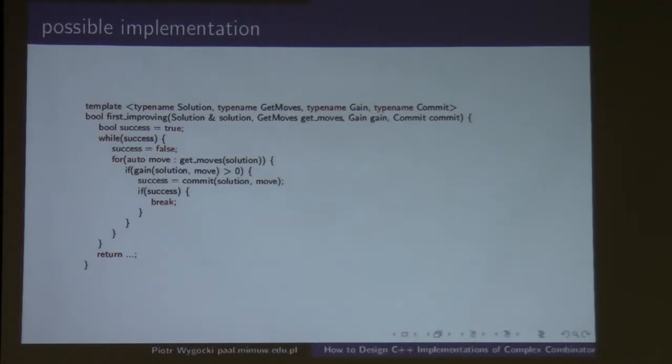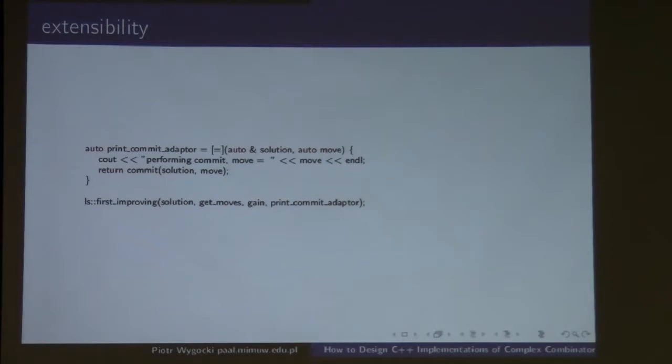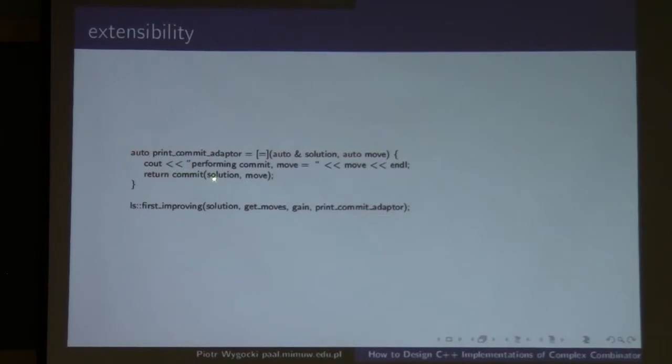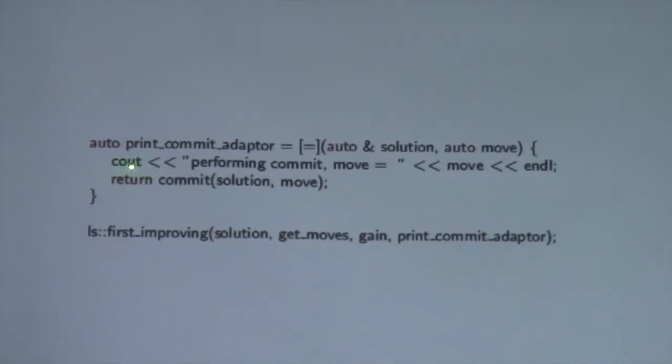That's reasonable. So how to do this? We write a print commit adapter, which uses our previous commit and just returns whatever this commit returned, and we print the move.